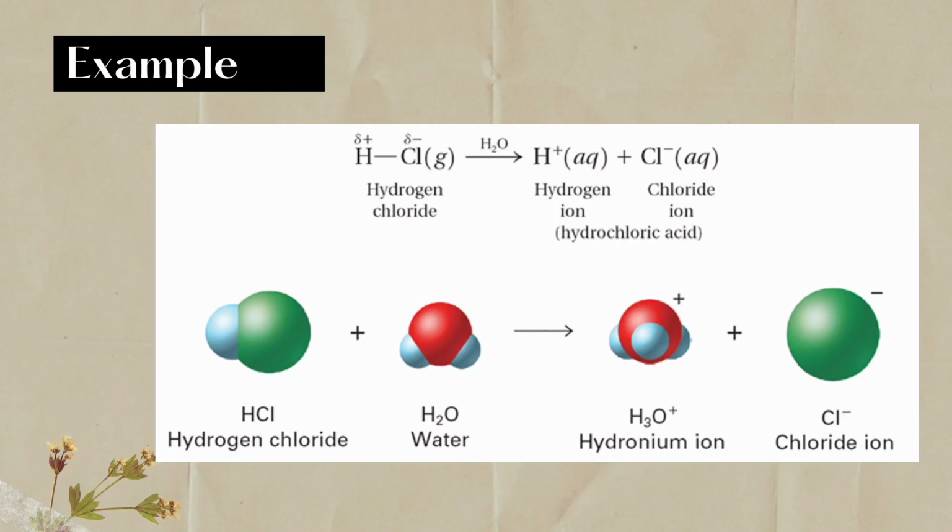An example of an Arrhenius acid reaction is hydrochloric acid. But if you see on your screen, the first reaction for hydrochloric acid is really quite a weird way to present the actual situation, because the hydrogen chloride molecule does not interact with a single water molecule, but rather interacts with water as a solvent.